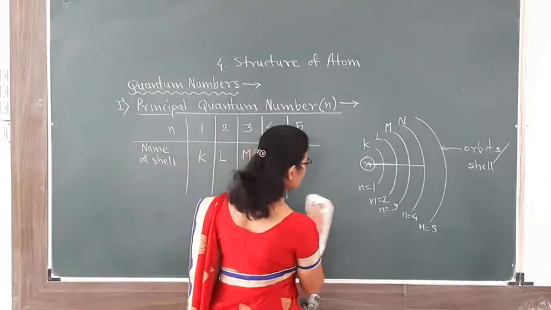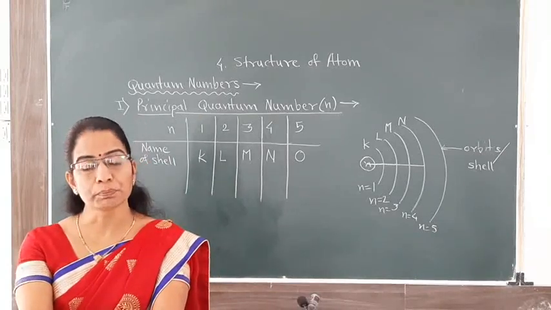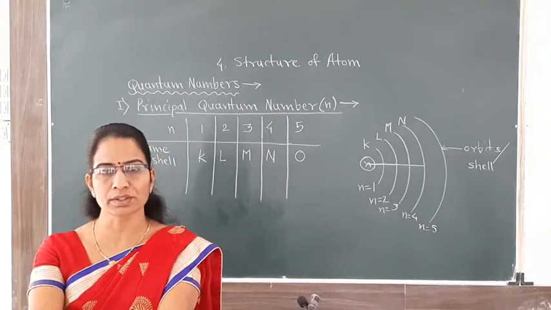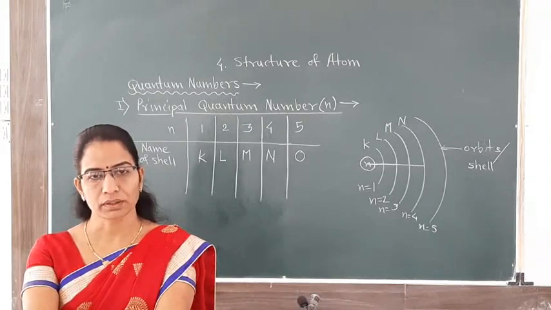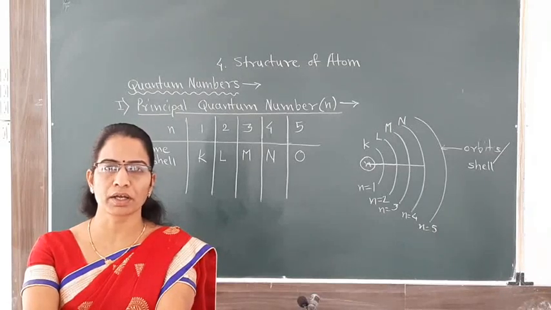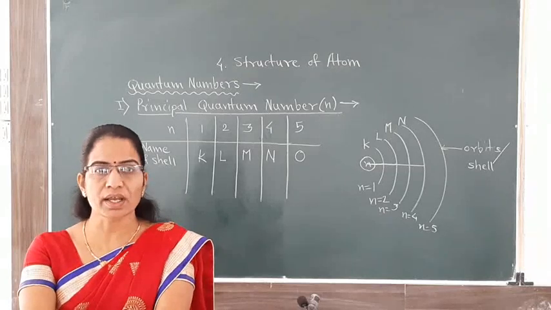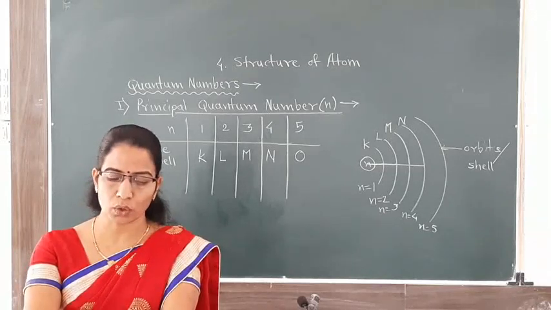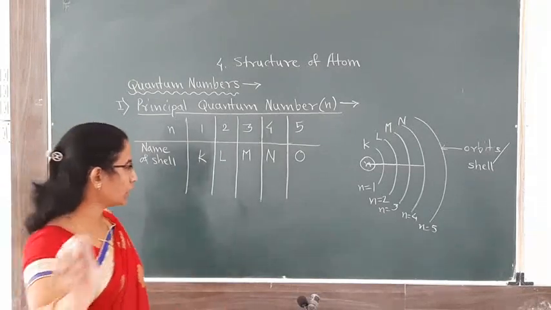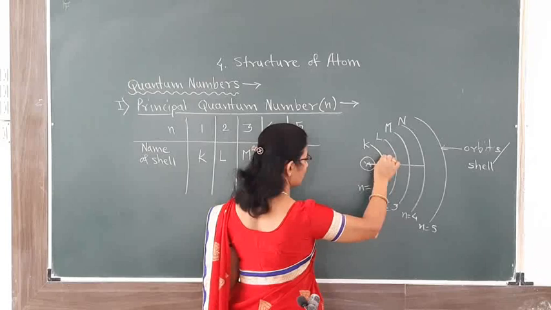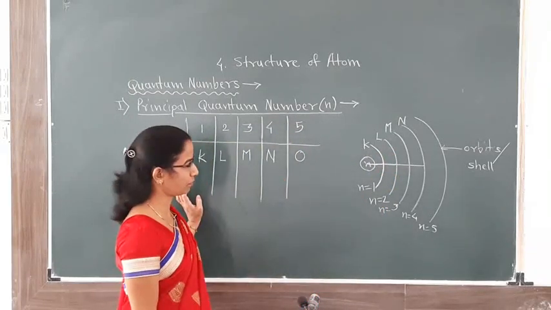Okay. In this manner, this quantum number gives us the idea about the main shells or orbits where the electrons are revolving. Means with the help of this quantum number, you will get the idea about the main shell where the electron is exactly revolving. Now here, actually these are not only shells, but these shells again possess orbitals.